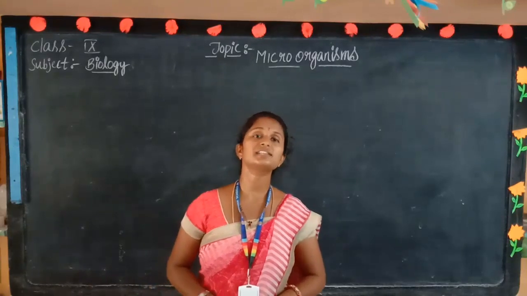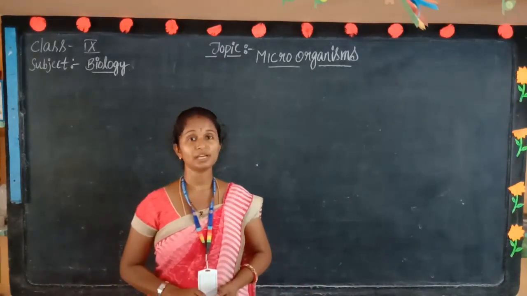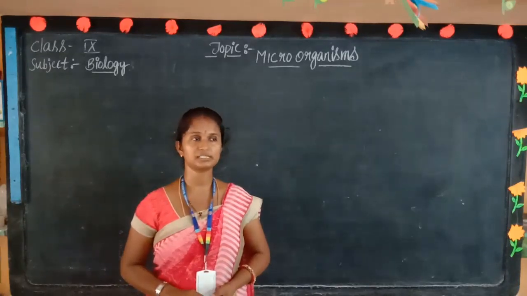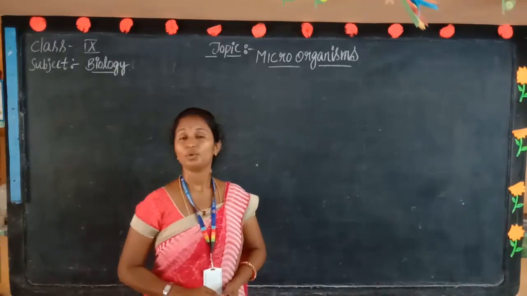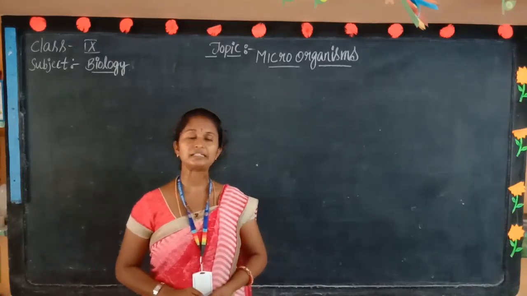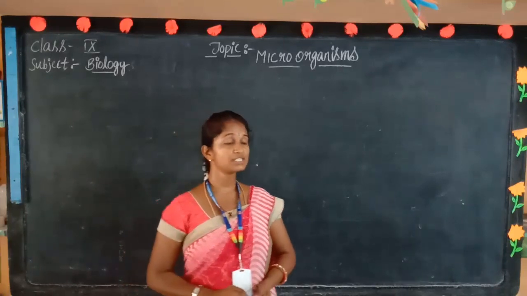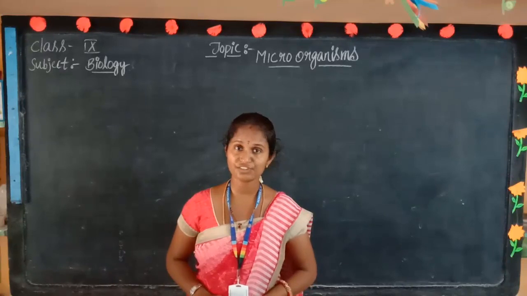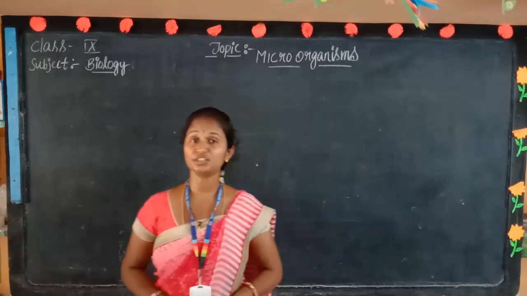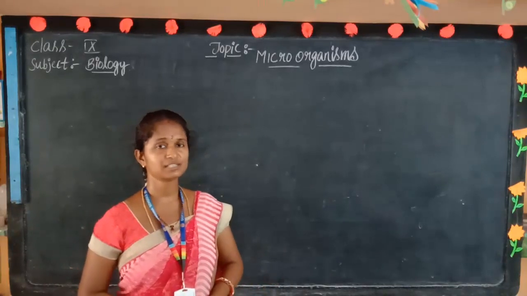In the last session we already discussed some activities, the types of microorganisms, some diseases, and where microorganisms are present. Bacteria cause bacterial infections such as typhoid and tuberculosis, and bacteria may be found everywhere.